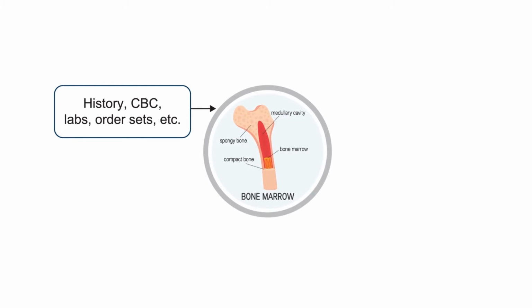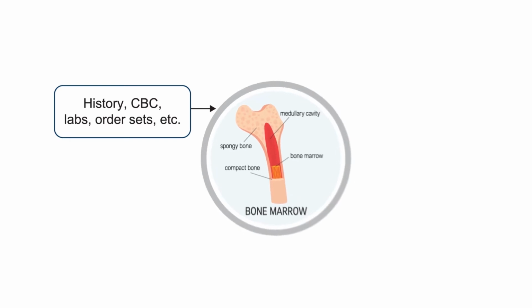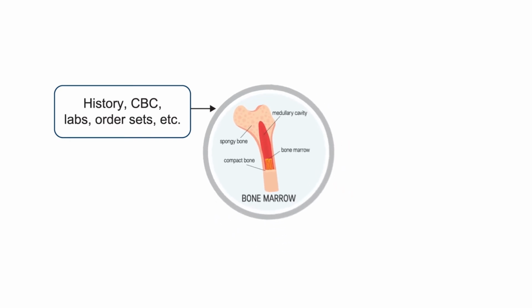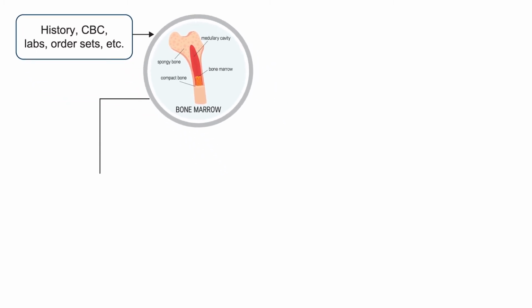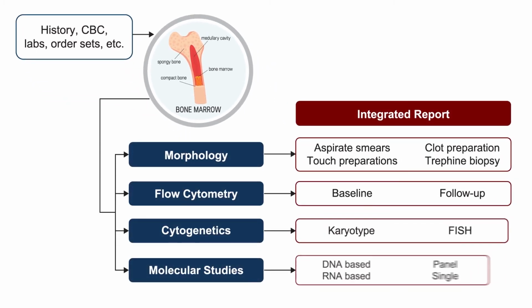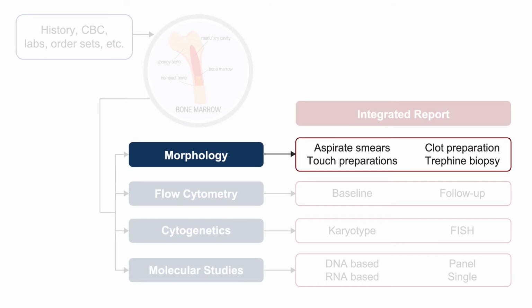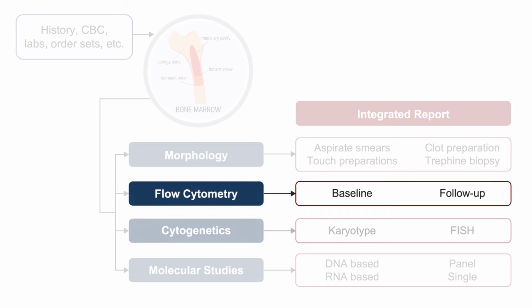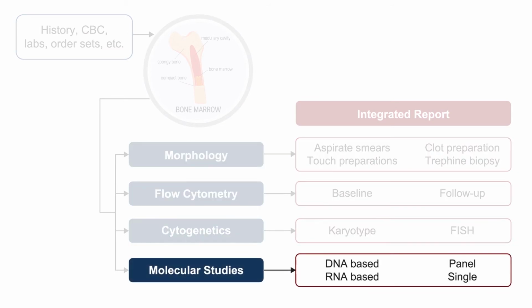So what do we do when we have a patient with AML on whom we have a bone marrow sample, a set of samples rather, that might give us information about the subtype of AML, as well as about potentially the status of P53? To do that, ideally we want to correlate morphology with flow cytometry, cytogenetics, and molecular studies.